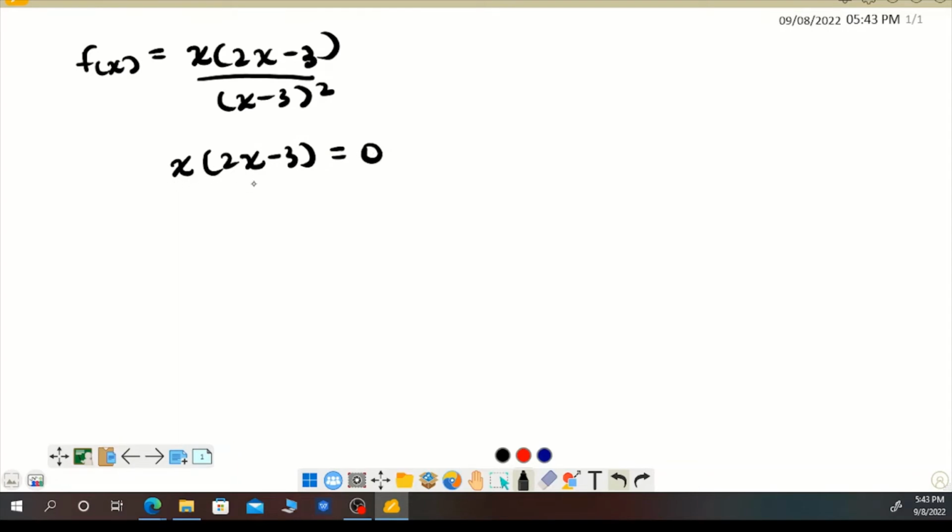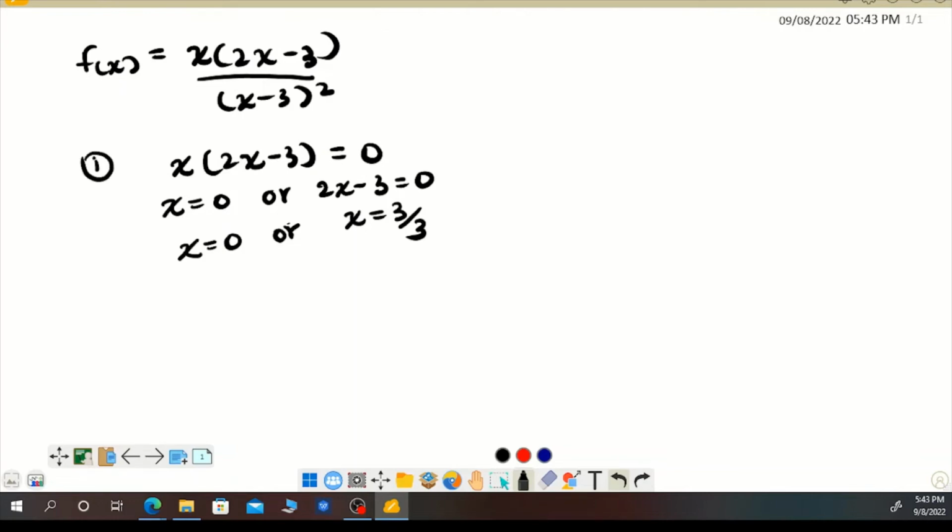If the product of two terms is 0, then x equals 0 or 2x minus 3 equals 0, which means x equals 3 divided by 2. So I got the two x values for the first step. These are the values where our graph intersects the x-axis, right? So I have done my first step.